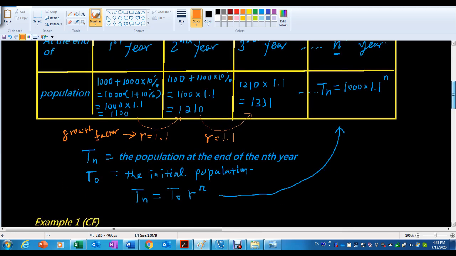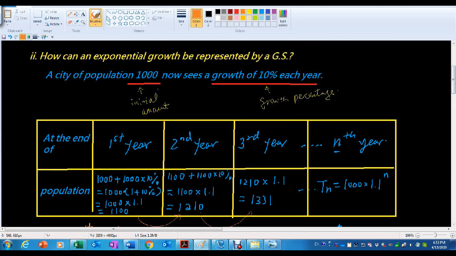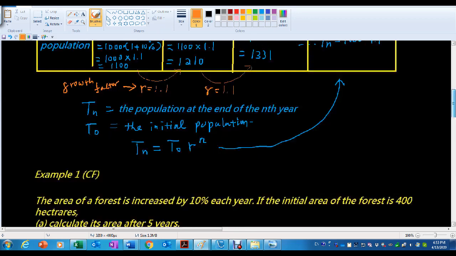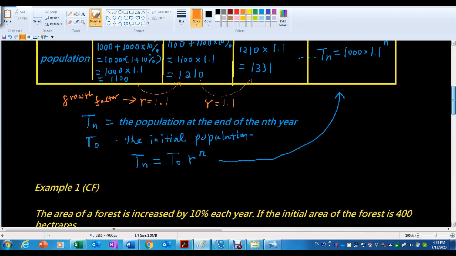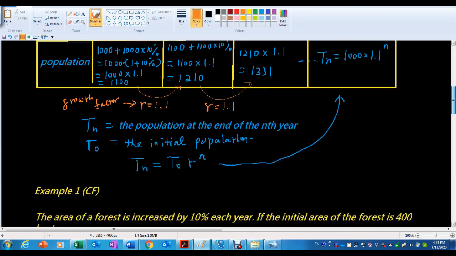Also, you need an initial amount of quantity, which is T naught or T0, the initial amount you are given. In this case, it would be the initial population. So that's basically the idea of exponential growth.